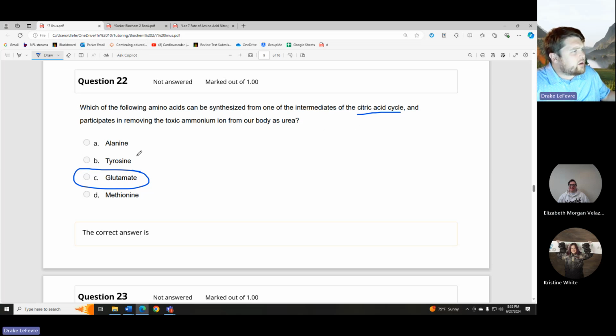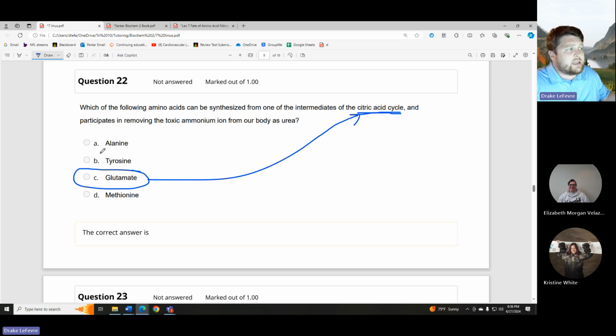I don't believe because within the citric acid cycle, alpha ketoglutarate, which is very, very similar to glutamate, those two, glutamate's connected to the citric acid cycle.